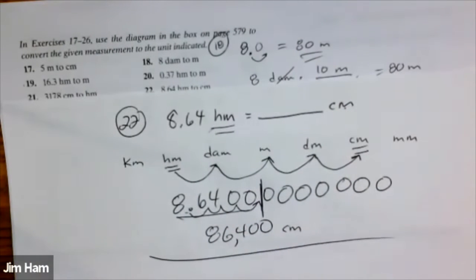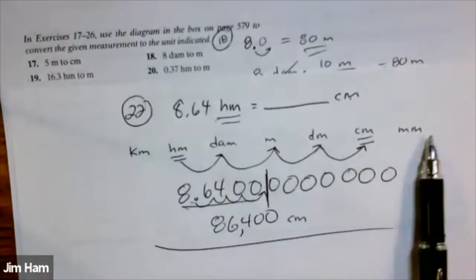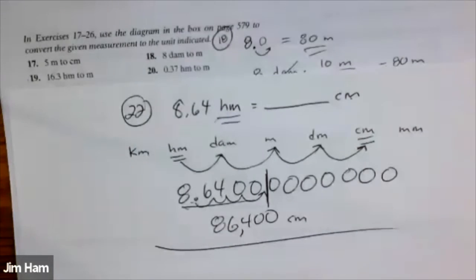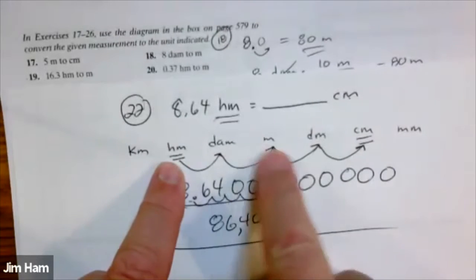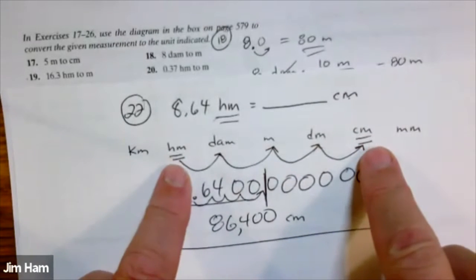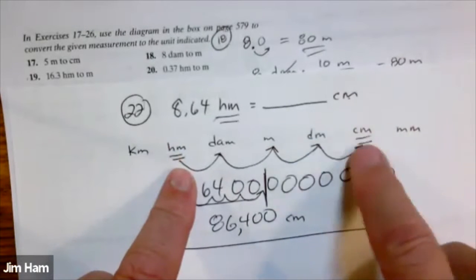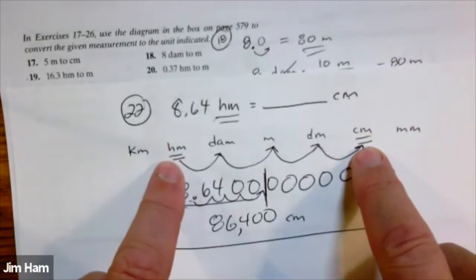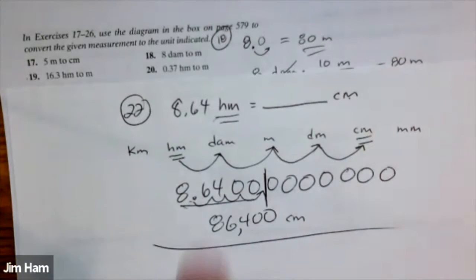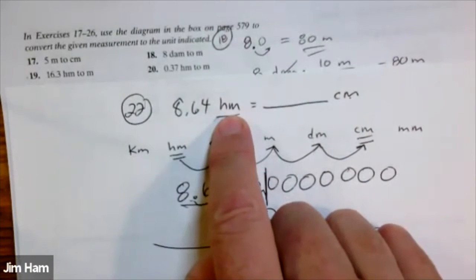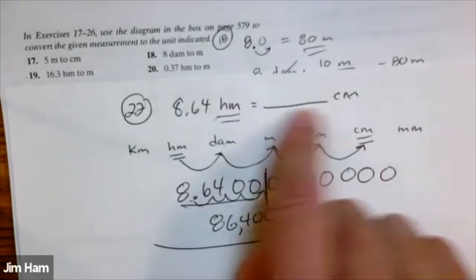centimeters. I don't memorize myself personally. I know the relationship between these units and how far they are from one to the next. Like, for example, I know that 1, 2, 3, 4, the relationship here is 10,000 to 1. 10,000 of the smaller units equal 1 of the larger units. But instead, what I do is I say, okay, HM is the larger unit compared to CM.